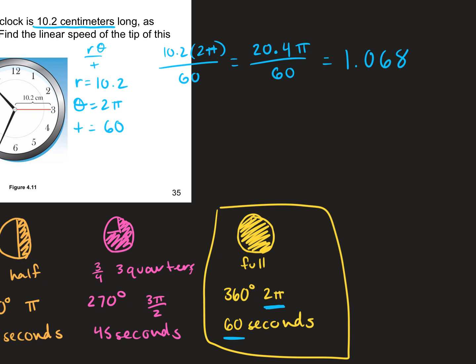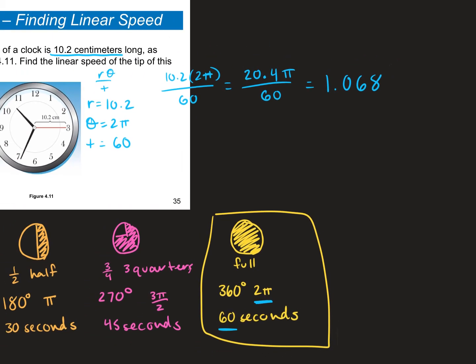What would our unit be? What's my radius measured in? Centimeters. And what was the time measured in? Seconds. So it'd be 1.068 centimeters per second. That is my linear speed.